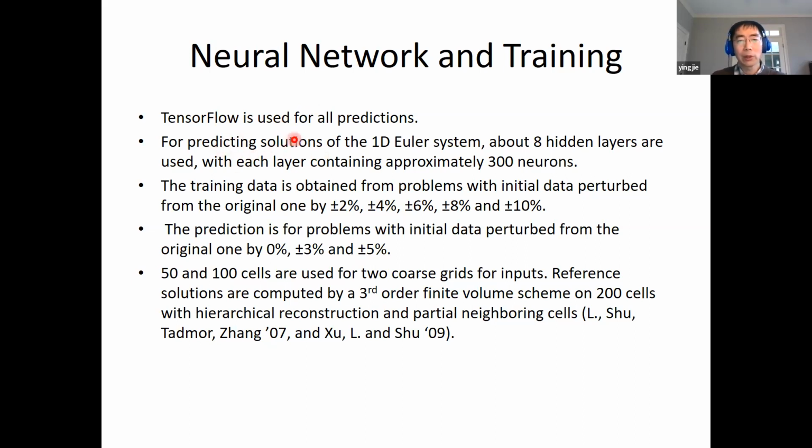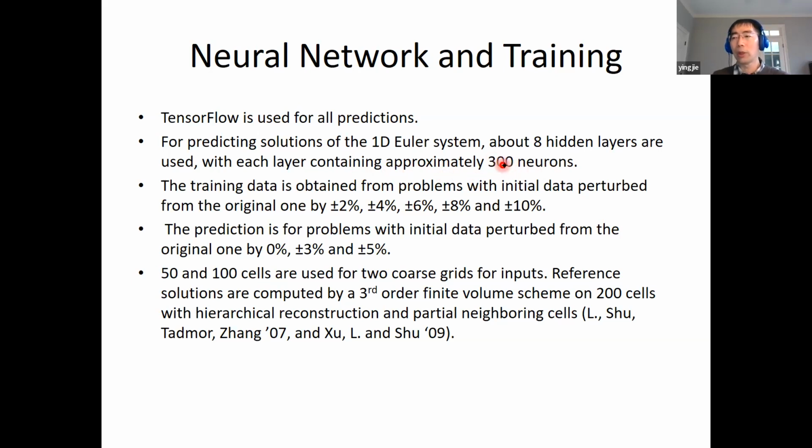So for predicting solutions of the 1D Euler system, we have density, velocity, and energy, these variables. So we will use 8 hidden layers, and each hidden layer contains approximately 300 neurons. Why 300?